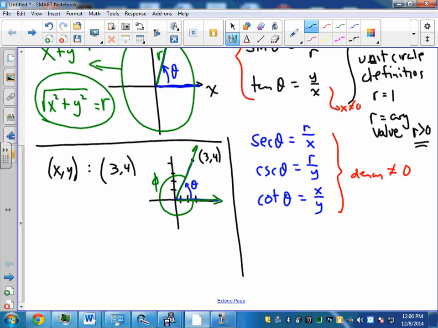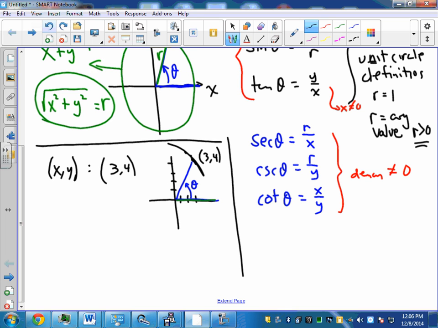So we can talk about the cosine of theta. That will be 3, the x-coordinate, over r. Let me take away some of my lines here. This is the point 3, 4.